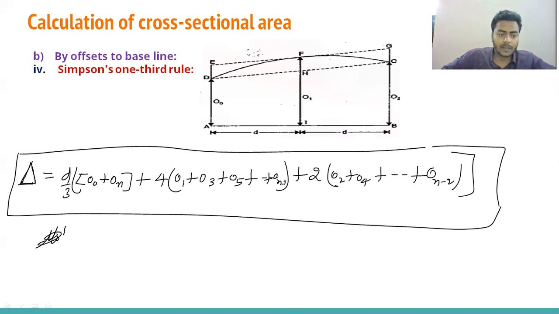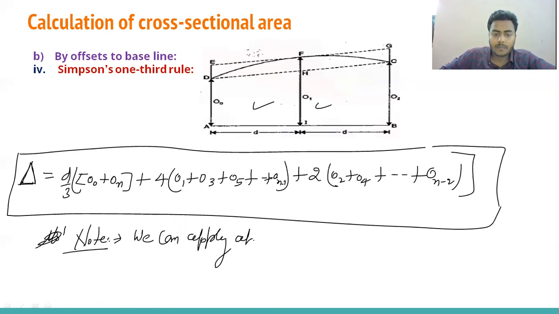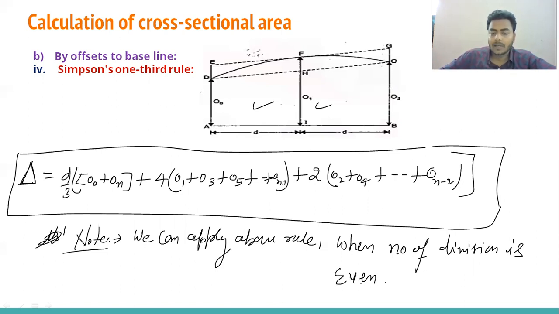So this is the general expression. You can note some points. See here, the number of divisions was 2. We can apply the Simpson 1/3 rule when the number of divisions is even, like 2, 4.